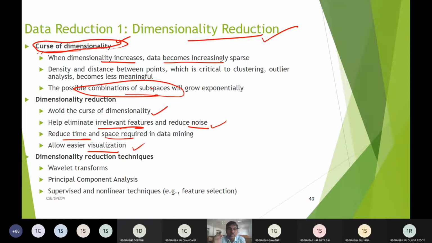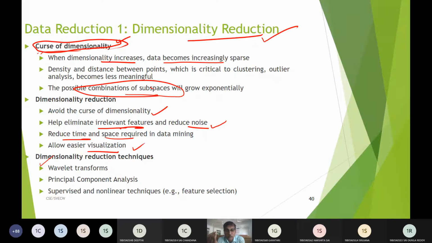And the third thing of dimension reduction is the technique called wavelet transformation, where we will use both digital content and analog content. We will call it wavelet transformation.